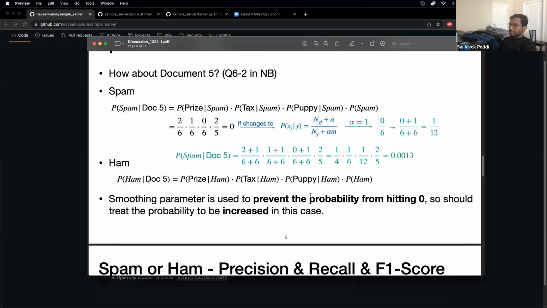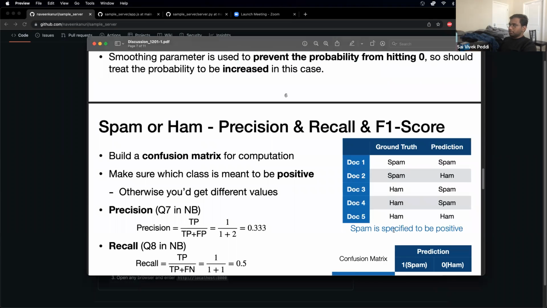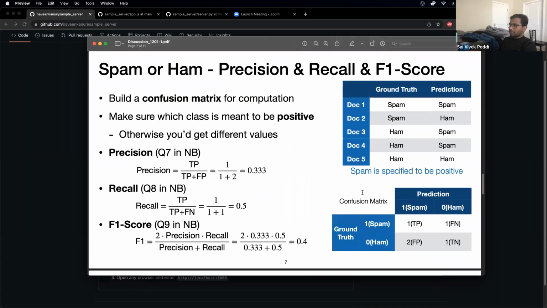So if you construct a table of ground truth and prediction, from this we can create something called the confusion matrix. Confusion matrices are nothing but this: the ground truth on your row side, and the prediction on your column side.